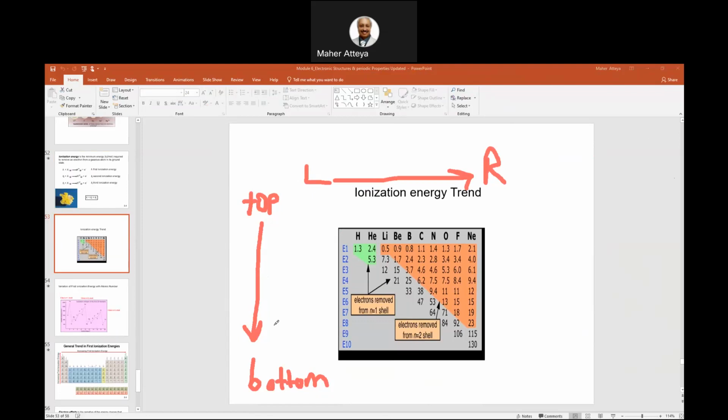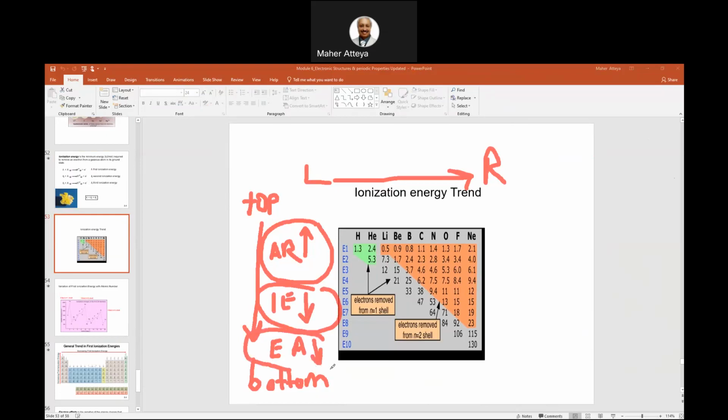So the radius increases from top to bottom. Here, AR, atomic radius, goes up. This is the key. All of them are opposite to AR, atomic radius. So IE, ionization energy, will go down here. Electron affinity will go down. Are you following me here? Electronegativity will go down.